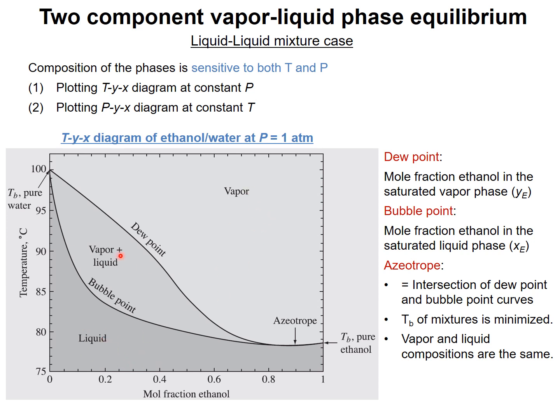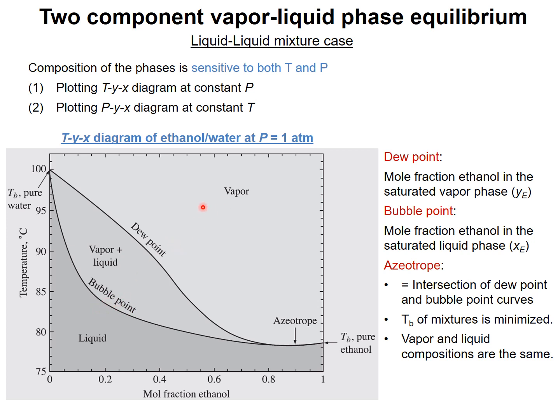Between them we have the two-phase region, and the below curve is called the bubble point and the above curve is the dew point. Why is it called dew and why is the other curve called the bubble point curve?